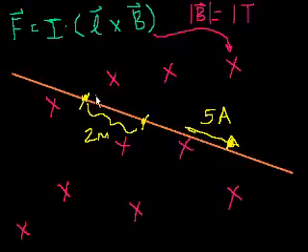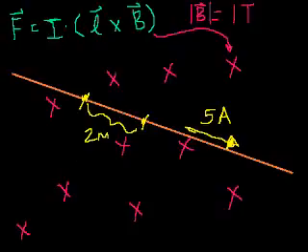Or you could think of it as maybe holes. Well, I don't want to get into that. But anyway, the current, you can visualize it as positive charges going in this direction. So the current is going this direction. So you could view this distance vector that we care about. Its magnitude is 2 meters, because that's the length of wire in question, and its direction is the direction of the current.